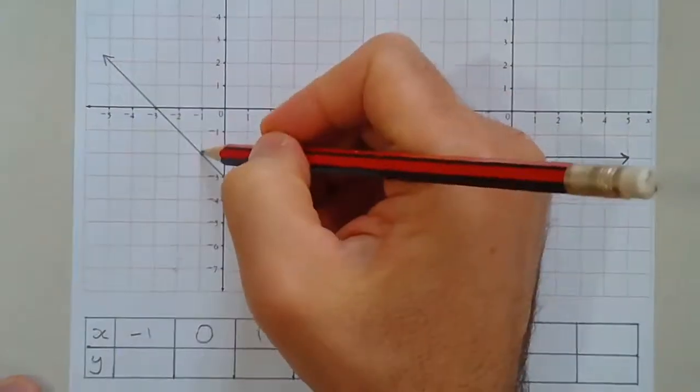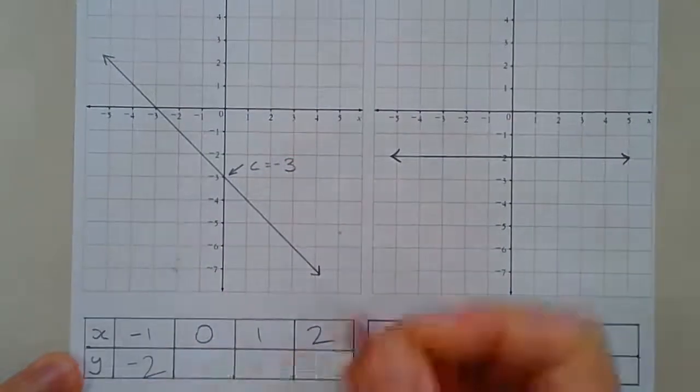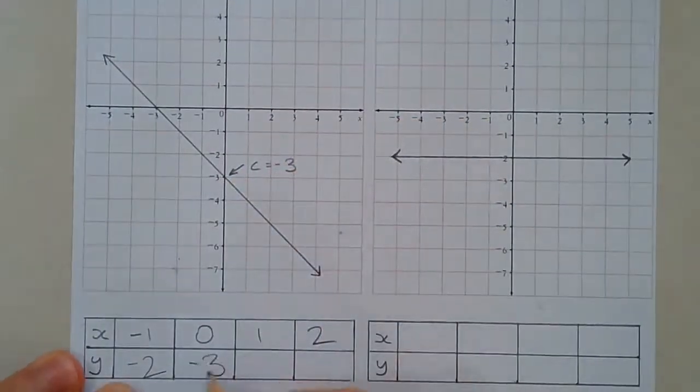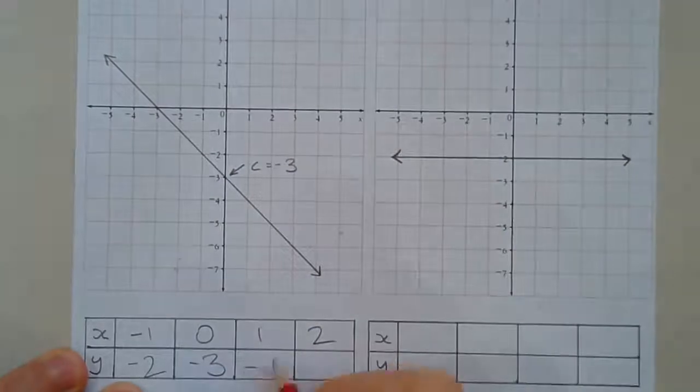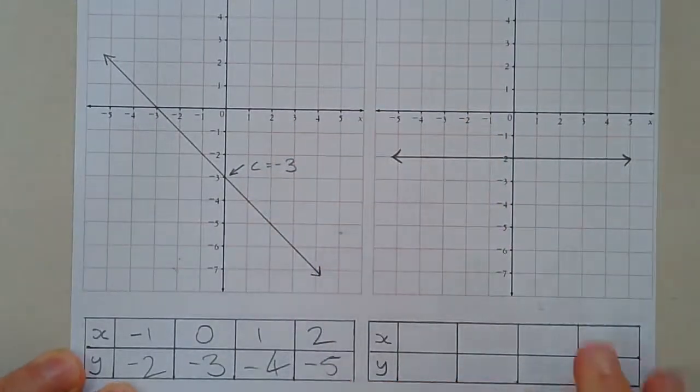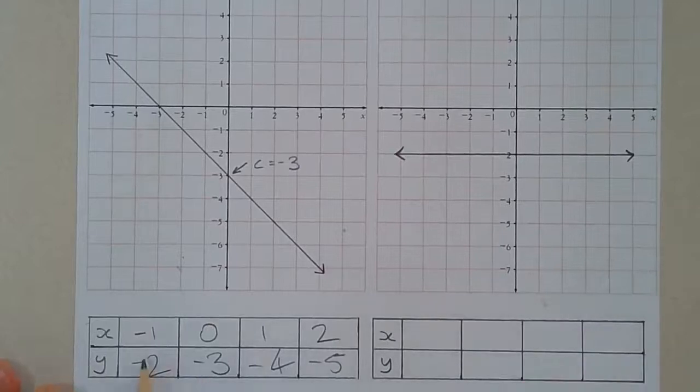When x is -1, y is -2. When x is 0, y is -3. When x is 1, y is -4. When x is 2, y is -5. So I think we can see that the y values are dropping by 1 as the x values go up by 1.